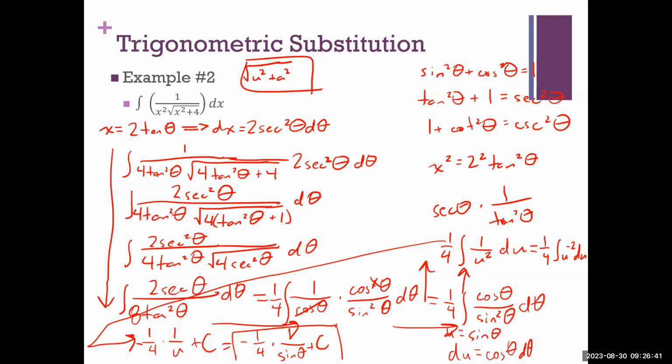So if u is sine theta, then du is cosine theta d theta. So the denominator becomes u squared, but the numerator multiplied by the d theta collectively makes up this du. So it's a reminder about integration by substitution.